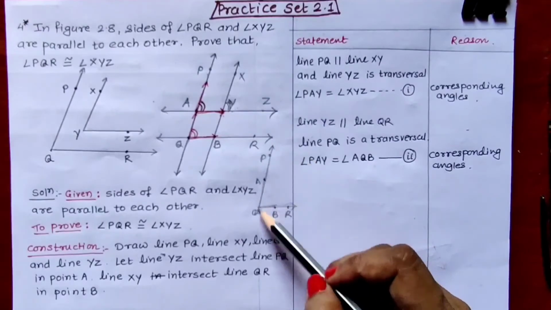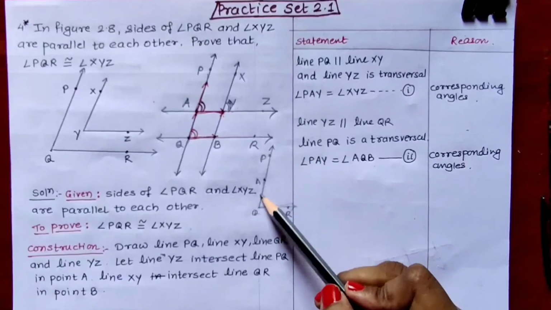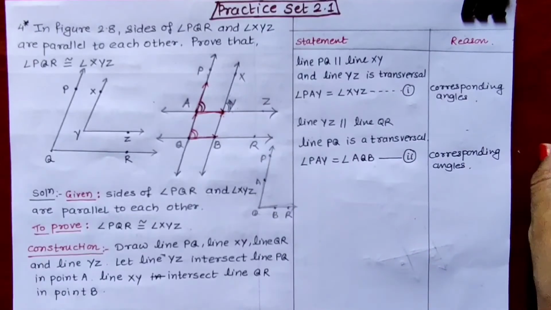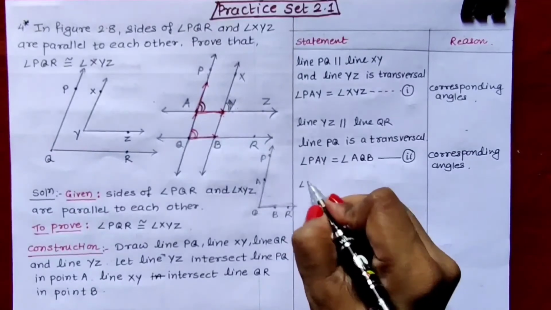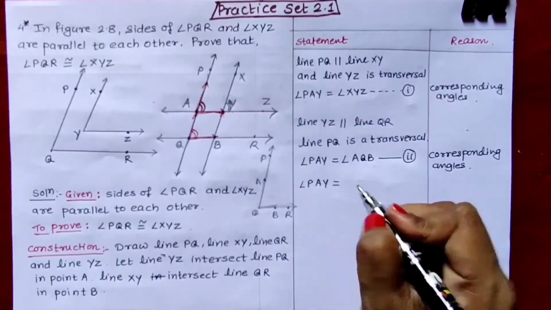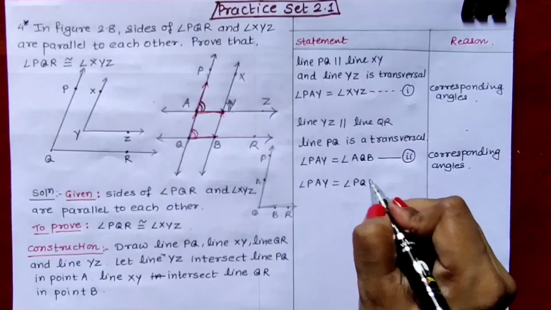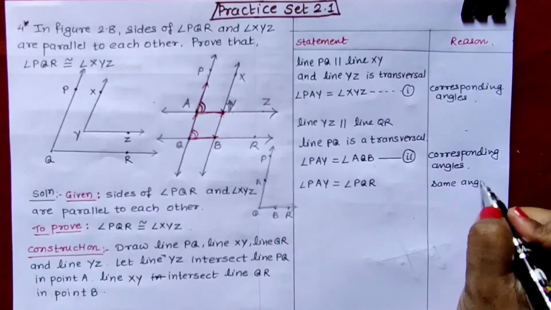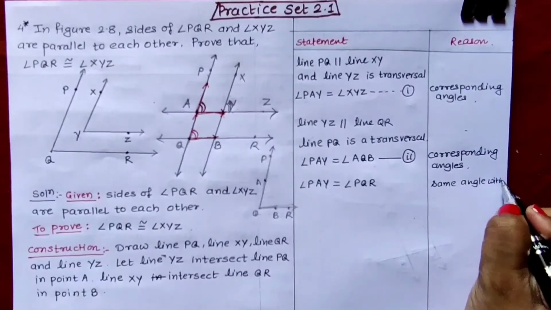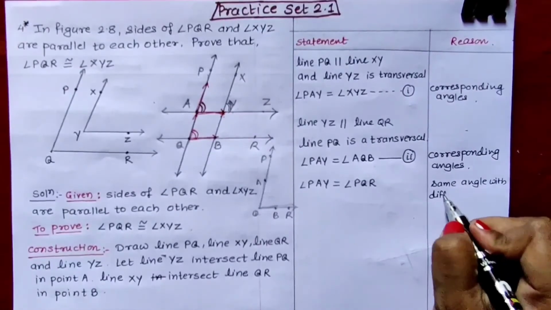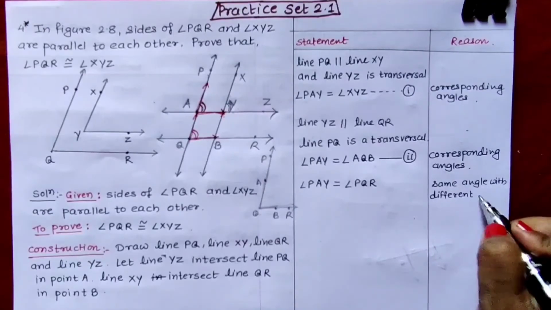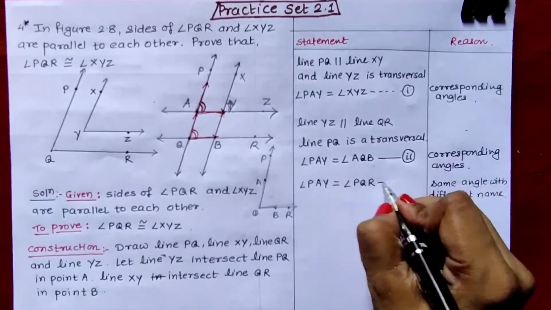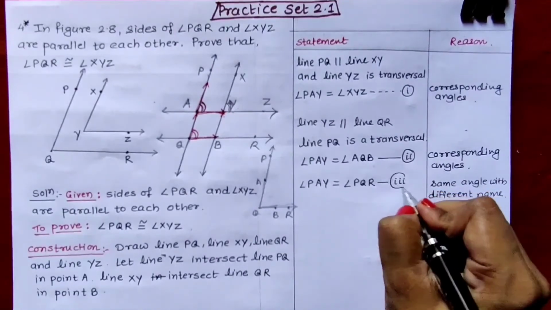So instead of writing angle AQB, I can write angle PQR. PAY as it is, I am writing angle PAY is equal to angle PQR. Reason we can write like this, same angle with different name. This can be given equation number 3.